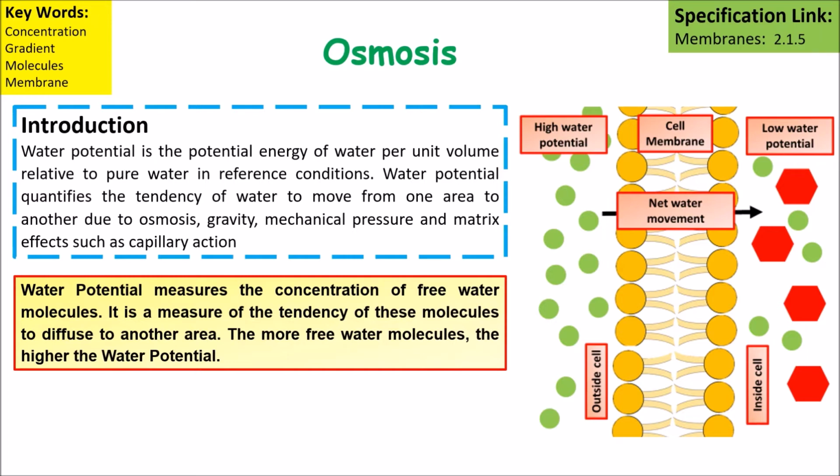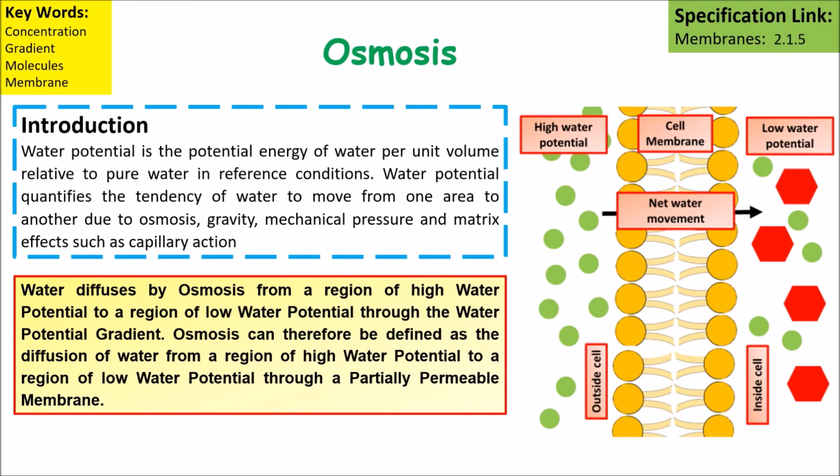So water potential measures the concentration of free water molecules. It is a measure of the tendency of these molecules to diffuse to another area. The more free water molecules, the higher the water potential.